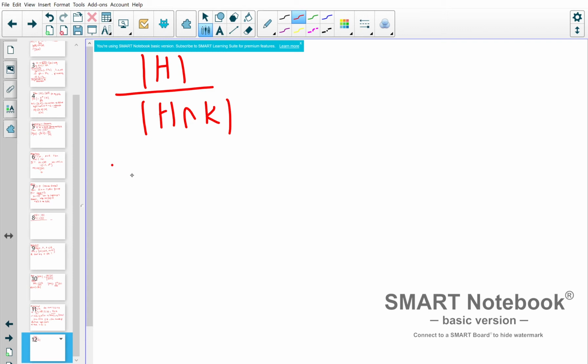And thus we'll have the number of elements in this, remember this sum, right?